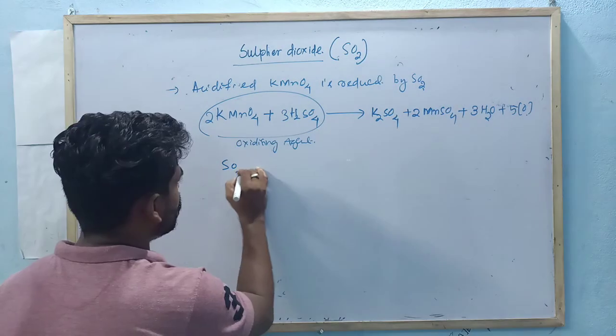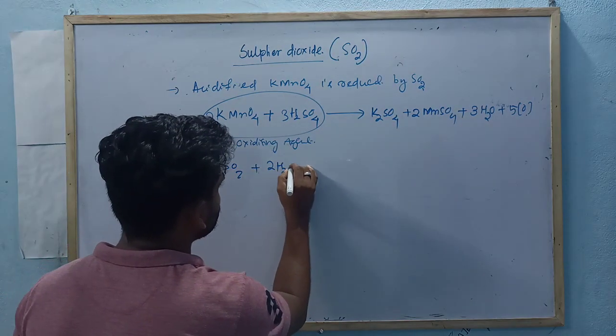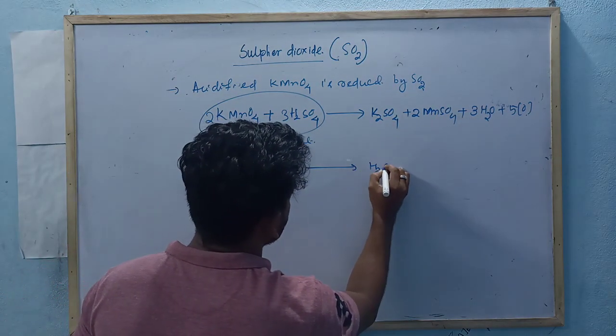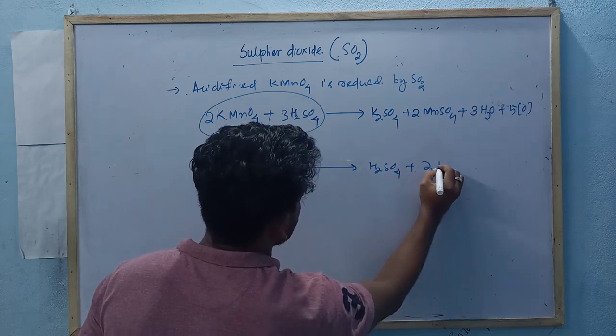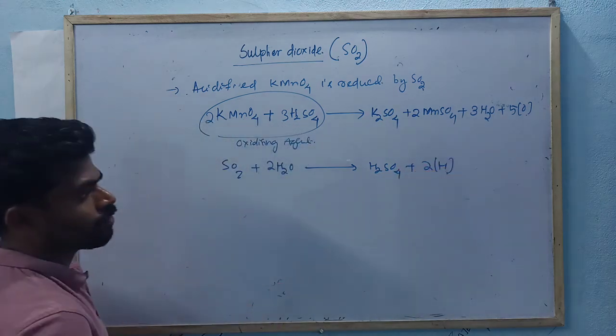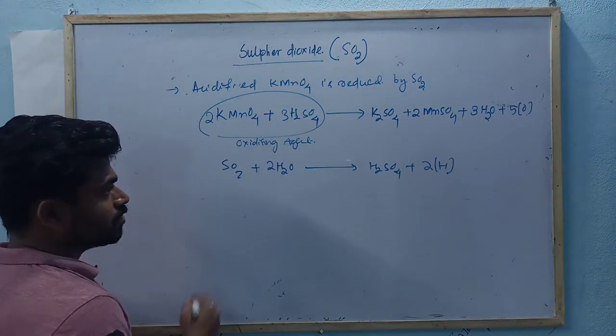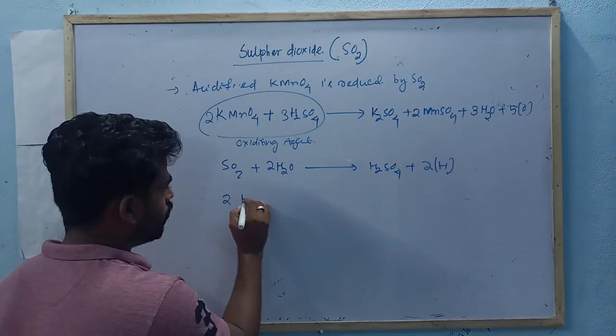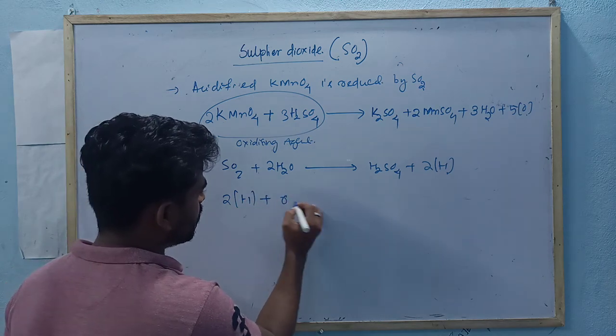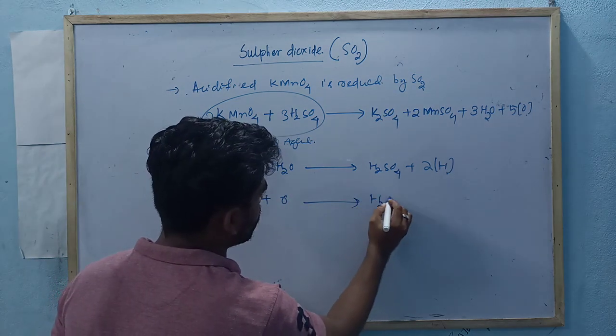Okay, so next we have to write down its equation. That is SO2 plus 2H2O gives you H2SO4 plus 2 nascent hydrogen. Okay, then this oxygen will be taken up by this nascent hydrogen. So 2 nascent hydrogen gains that nascent oxygen and get converted into H2O.